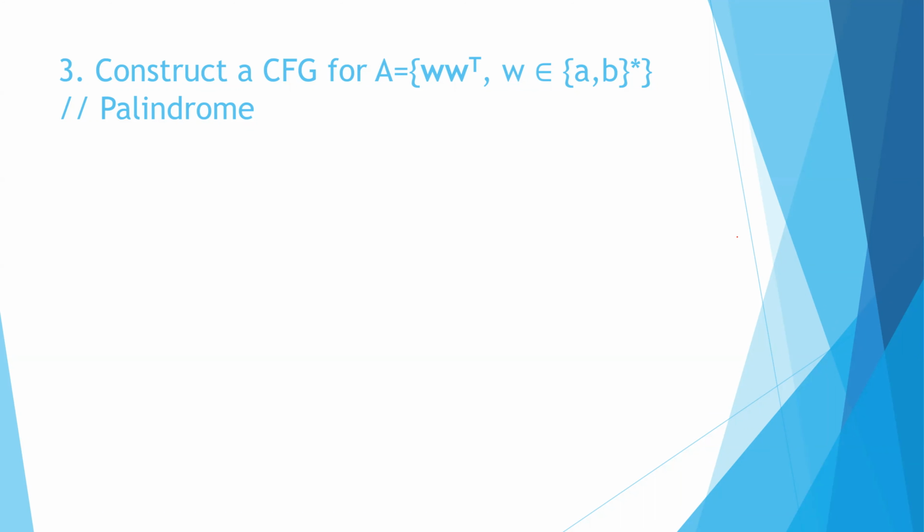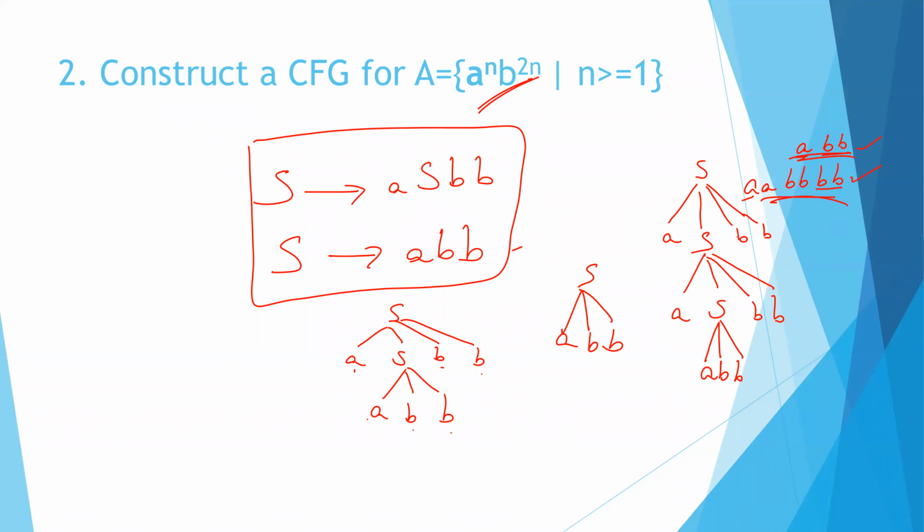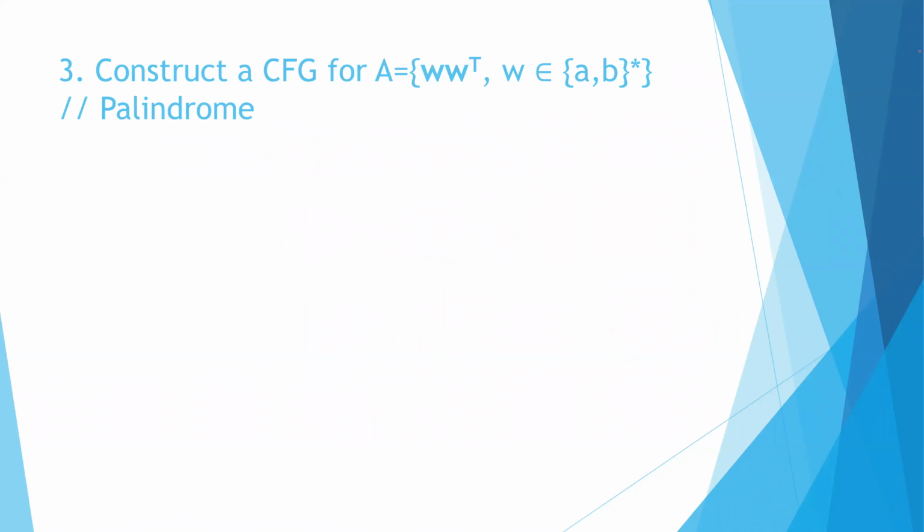Now we'll try constructing a palindrome. Palindromes are very interesting for constructing context-free grammars. As you all know, palindromes take the pattern word followed by word transpose, where word can be anything which has a combination of A's and B's. Now let's think logically.